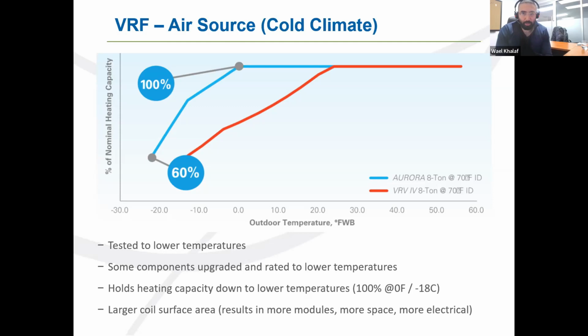I can see that the standard machine will start derating its capacity at around 25 degrees Fahrenheit. But if I use that same machine as a cold climate version, I'm still able to provide 100% of my nominal capacity down to 0 degrees Fahrenheit. After that, it starts derating, ending up at around 60% of its nominal heating capacity at around -22 Fahrenheit.